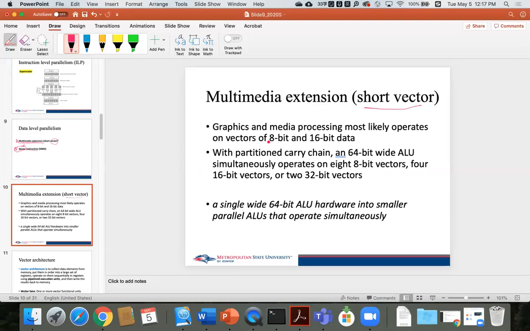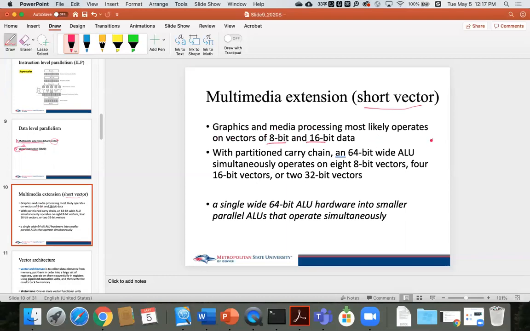For example, for a lot of applications related with graphics or media, like image and video processing, a lot of the data is 8-bit or 16-bit long.